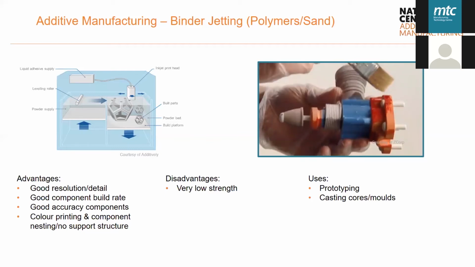And yeah, some use cases are prototyping with the polymer. However, you can also manufacture casting cores and molds using sand, and that's been quite prevalent within the casting industry.